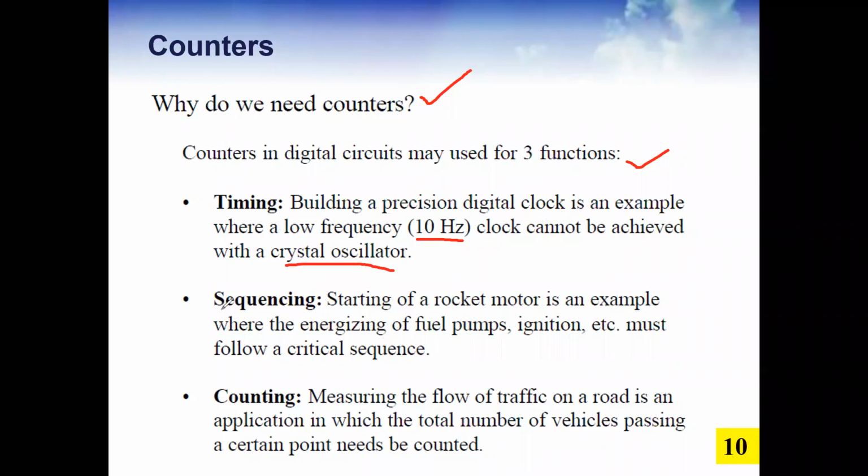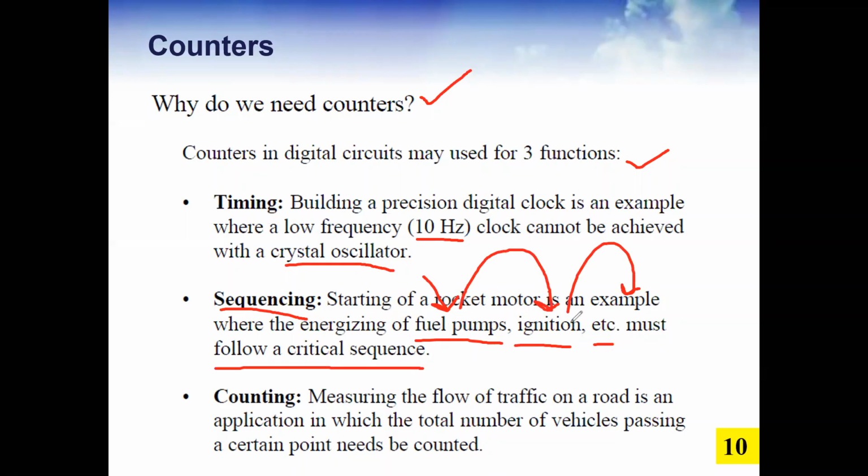Once you complete 60 seconds, the minutes increment by 1. The second function is sequencing. Starting a rocket motor is an example where energizing the fuel pumps, ignition, etc. must follow a critical sequence. One step should be done first, and when it is finished, go for the next. The fuel pump must be energized first.